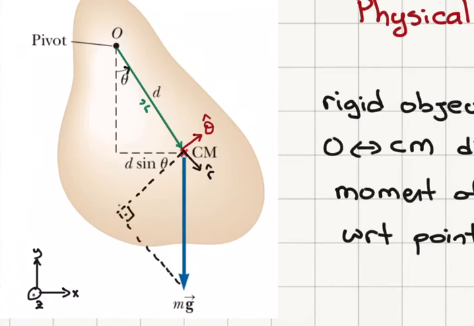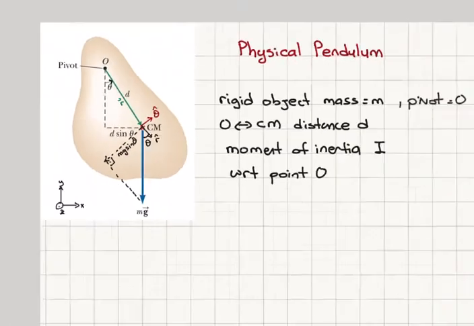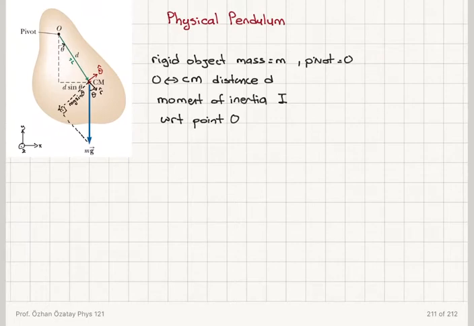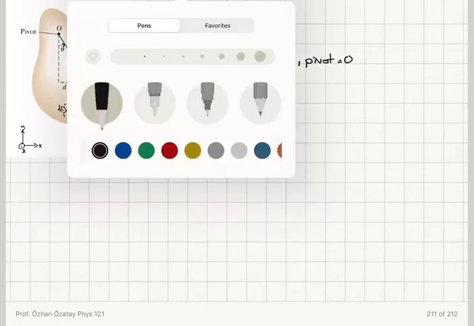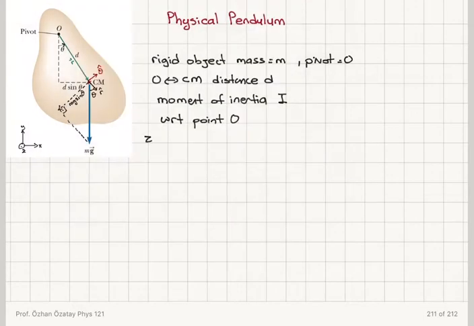And if I take the component of the force perpendicular to the r vector, so that will be on this axis. So if I take the component of this force onto this axis, I'm going to get mg sine theta, because this angle is theta. It will be mg sine theta. Okay, and now I want to calculate the torque with respect to this point.